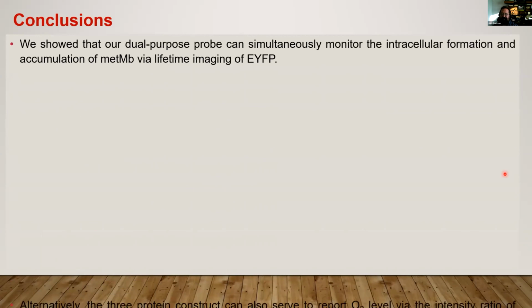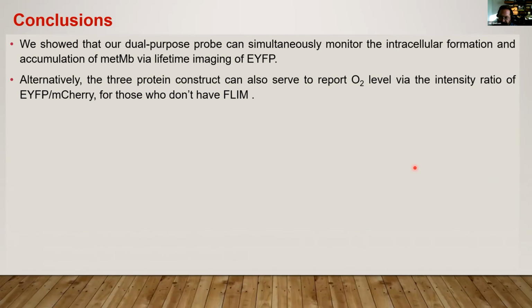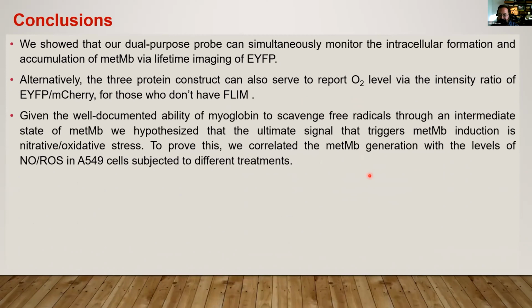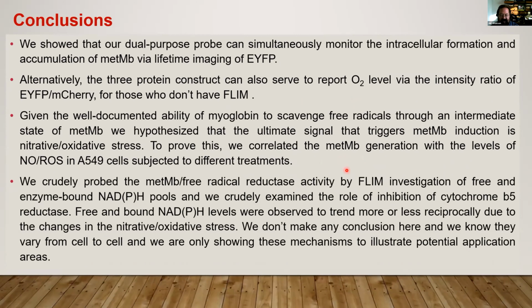So I'm not going to read conclusions. I'm just going to say we have a dual purpose probe, oxygen and reactive oxygen. We can avoid FLIM for those who really need to. Met myoglobin is really important in regulation of various signaling. And we only took a crude initial look at reductase activity, but we look forward to doing a better job of that in the near future.